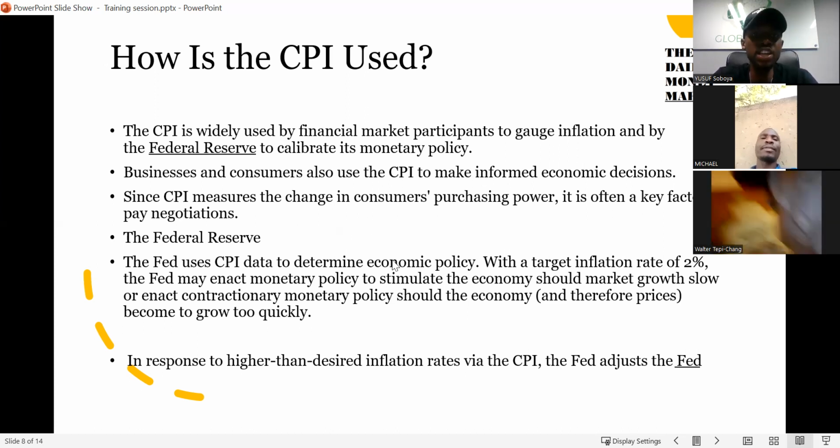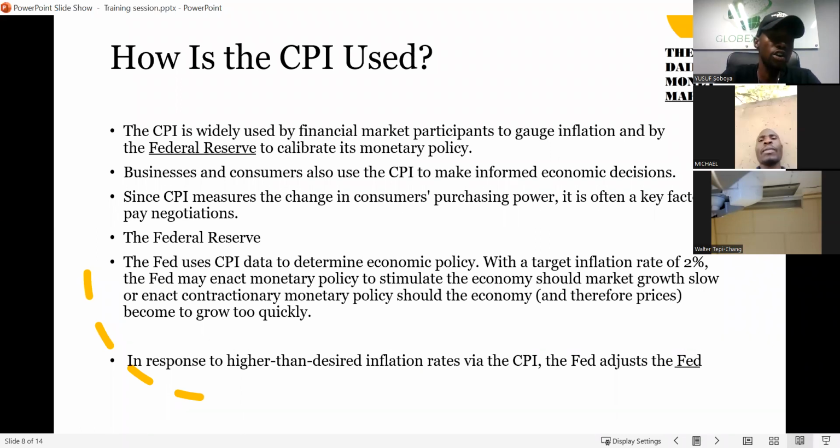So since CPI measures the change in consumer purchasing power, it is often a key factor in pay negotiation. The Federal Reserve, the Fed, uses the CPI data to determine economic policy, also targeting an inflation rate of 2%. The Fed may enact monetary policy to stimulate the economy should the market grow slowly, or enact contractionary monetary policy should the economy and therefore prices begin to grow too quickly.